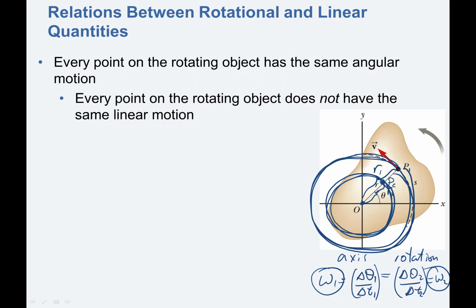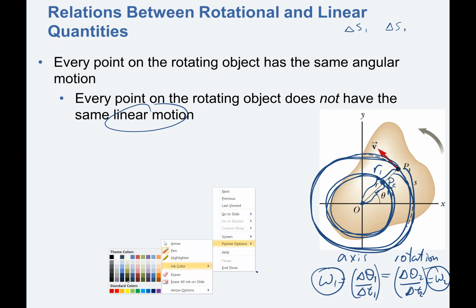But how about the linear motion? Remember, for the linear motion, I'm not looking at delta theta. I'm looking at the arc length, delta S1, and comparing that to delta S2. Let me choose different colors so it will be easier.